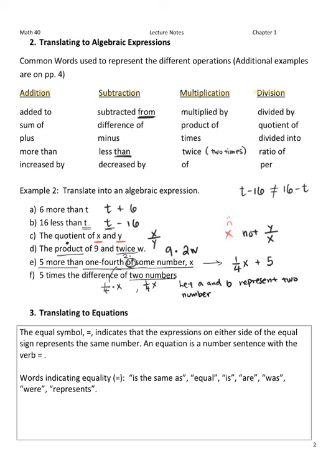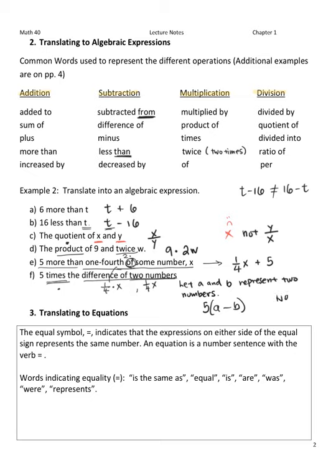You can use any letters you like. So the difference of two numbers is translated to A minus B. Now the word times corresponds to multiplication. So 5 times the quantity of A minus B. So this is the answer.